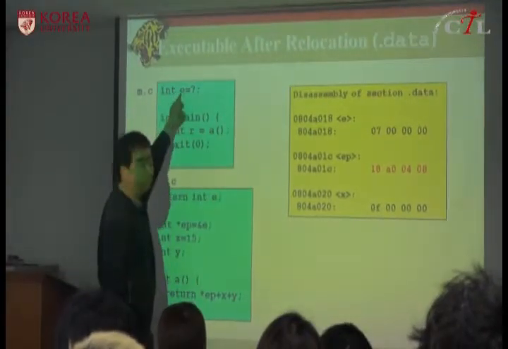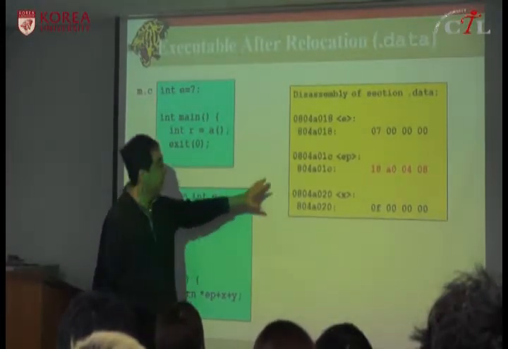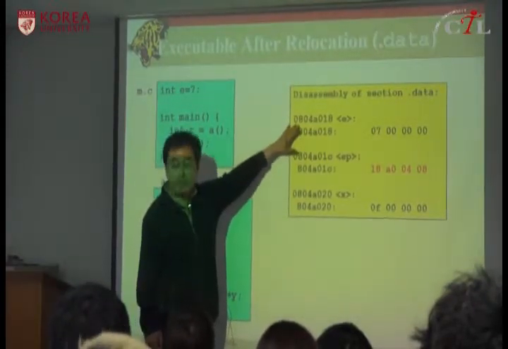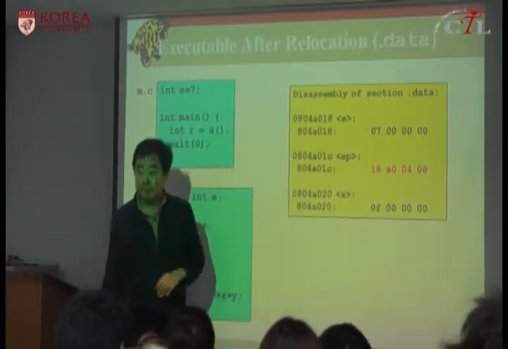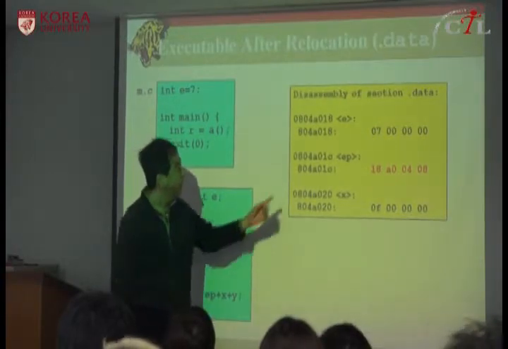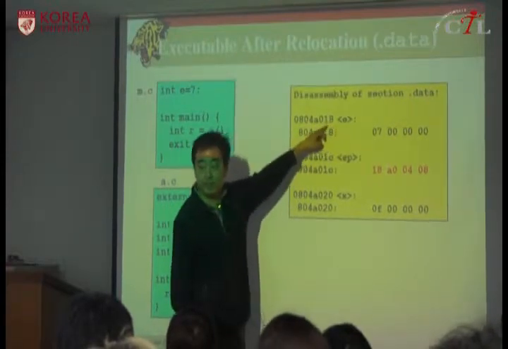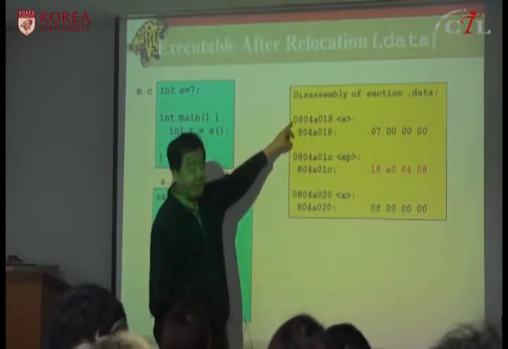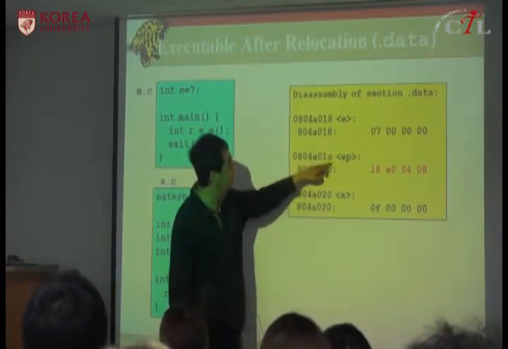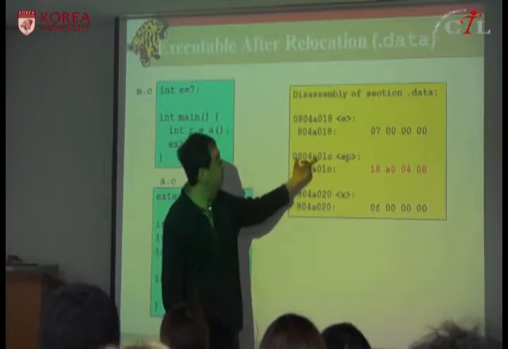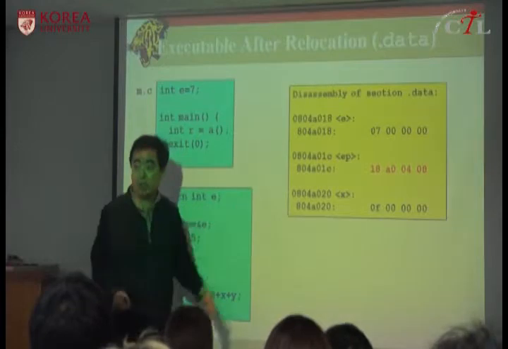In main, you have only one symbol, which is E. And you have two symbols, EP and X, which are here, right after E. Each symbol occupies 4 bytes because these are all addresses. So the data segment starts at this address, and the address of EP should be 0804A01C. We should put this address at the location marked by the relocation.